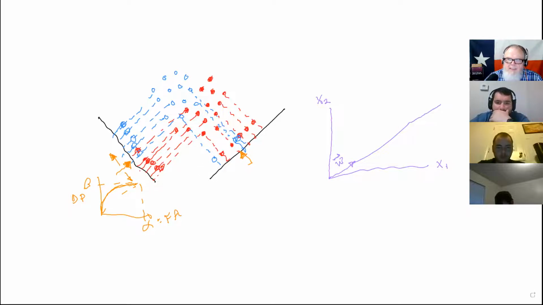W defines a line. And if we have a value here, and let's call this x naught, then the projection onto this line we would call y naught.